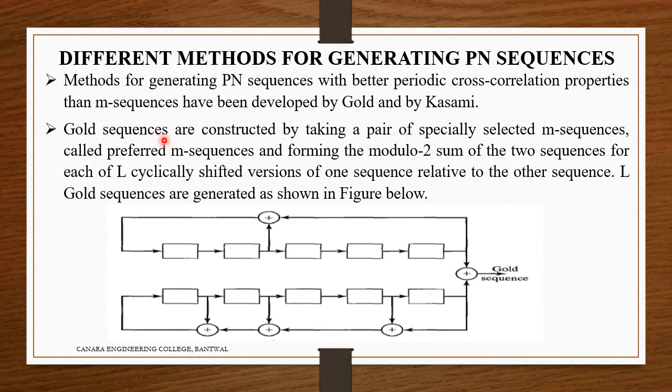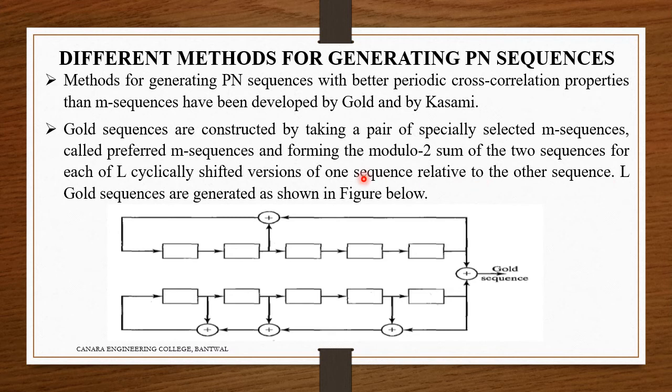The Gold sequences are constructed by taking a pair of specially selected M sequences, called preferred M sequences, and forming the modulo 2 sum of the two sequences for each of the L cyclic shifted versions of one sequence relative to the other sequence.